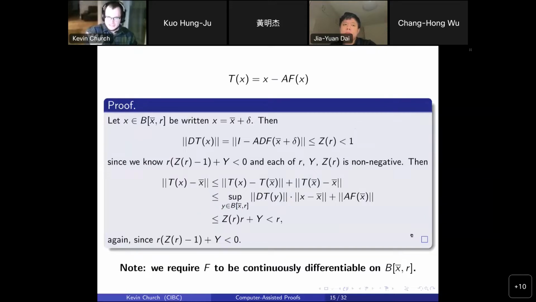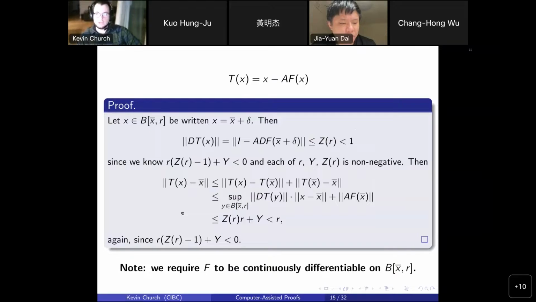The neat thing is that having this inequality involving r times Z(r) minus 1 plus Y being negative is a one-line check to show that the contraction is happening, that Z is less than 1, and also that there's a self-map condition happening. So it's just a one-line check in some sense after the bounds Y and Z have been calculated.